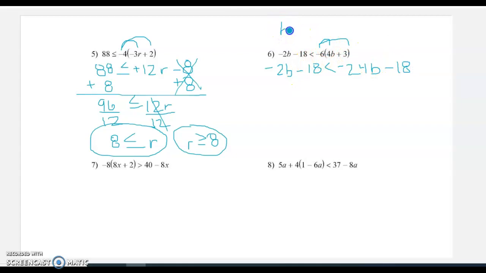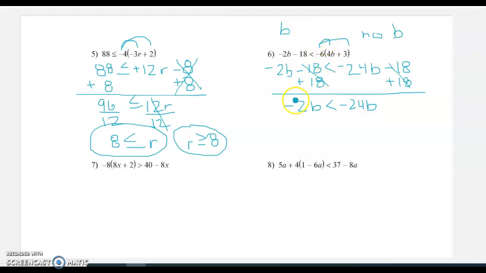So we're going to get our b's on the left, our no b on the right. This is the b side on the left. So to move that minus 18, we're going to add 18. On the right, we would add that 18 to the negative 18 because those are like terms. They're constants. They don't have letters. So nice, on this one, they actually both cancel out. So we have negative 2b is less than negative 24b.